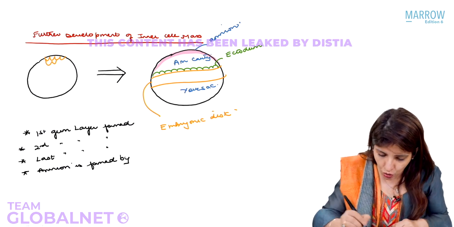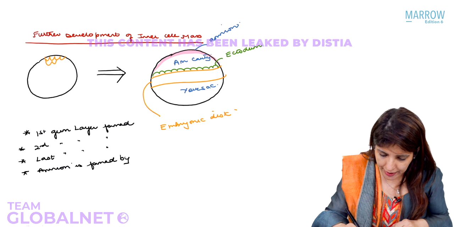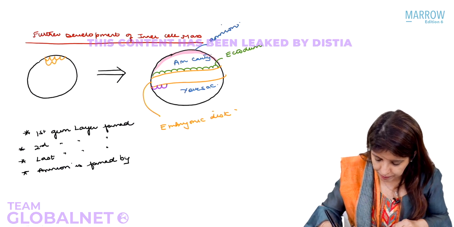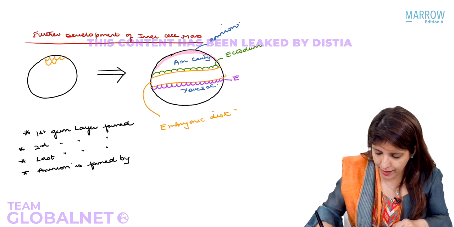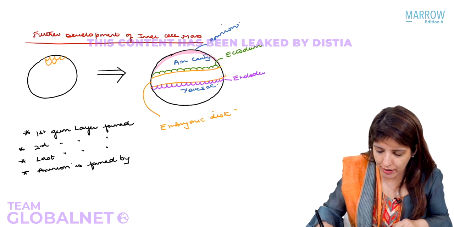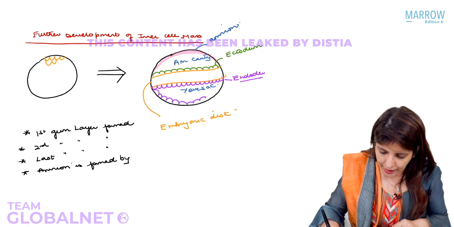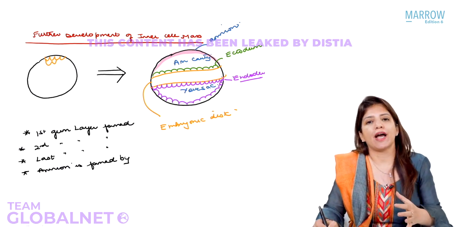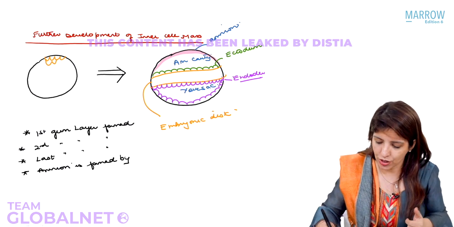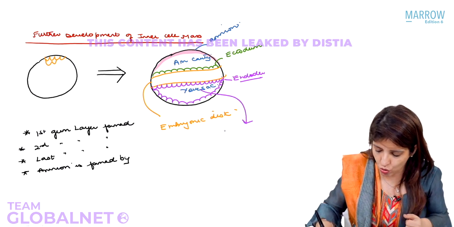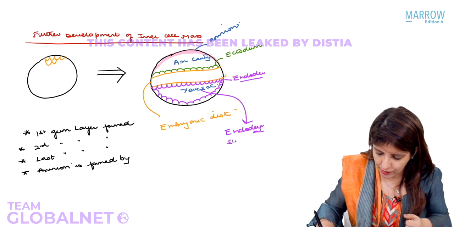Now, yolk sac is lined by endoderm. The second germ layer to appear is the endoderm, right? Because yolk sac is surrounded by endoderm, yolk sac is also called the endodermal sinus.